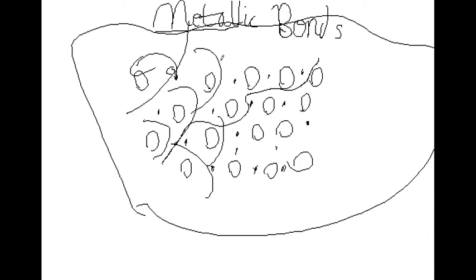So that gives them their high melting and boiling points. Those are the main properties of metallic bonds, and these bonds form in metals, which are generally everything that occupies the d block.